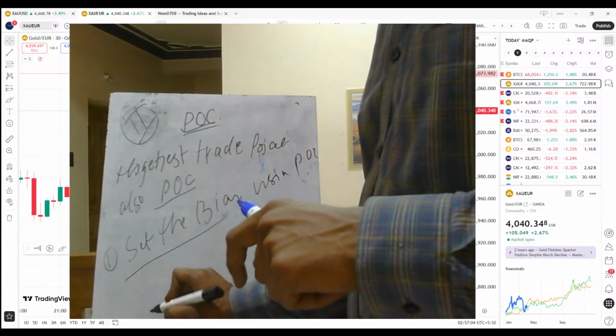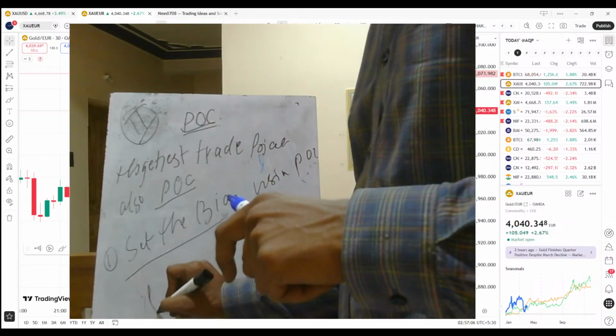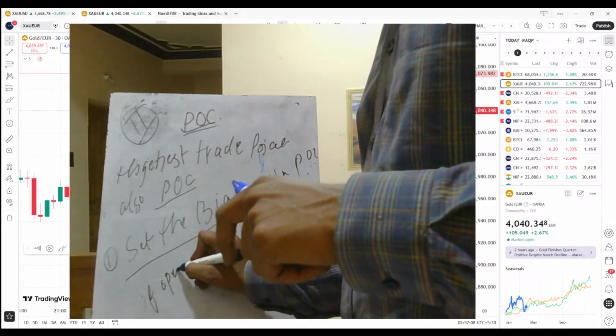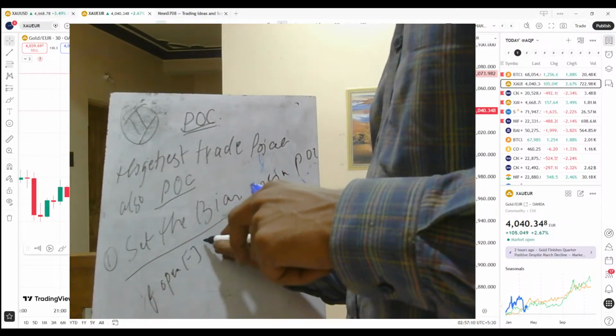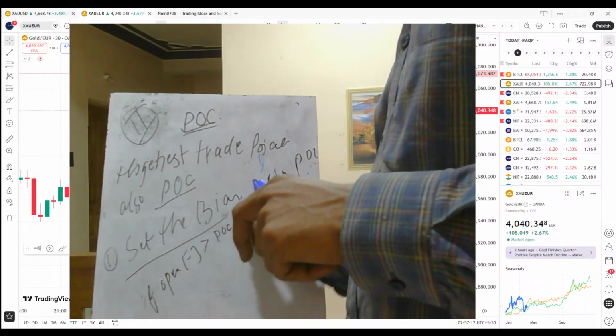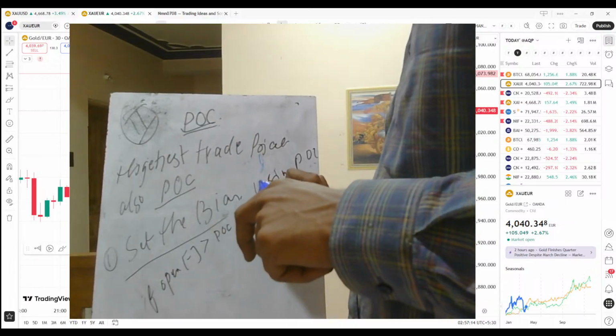अगर POC के ऊपर है, if open tick is greater than POC, it's bullish bias.